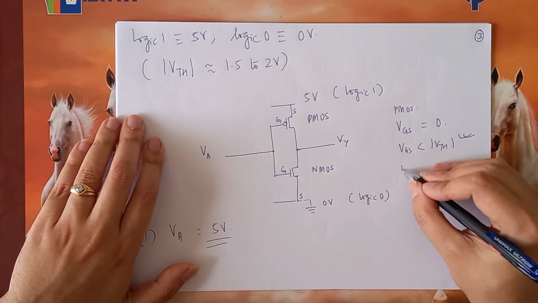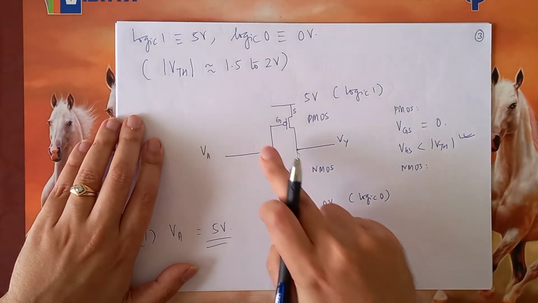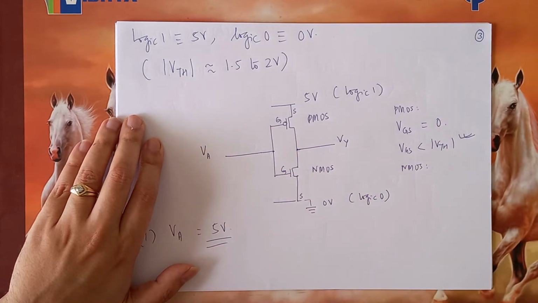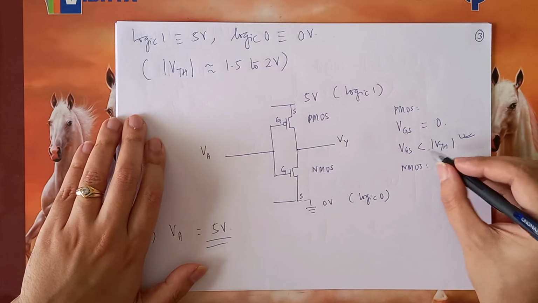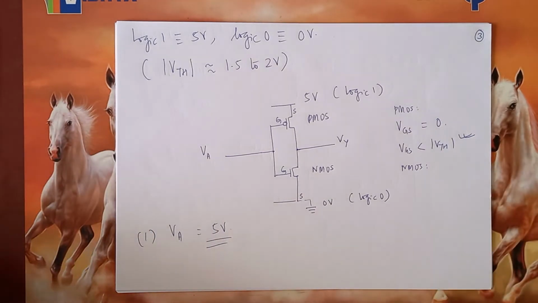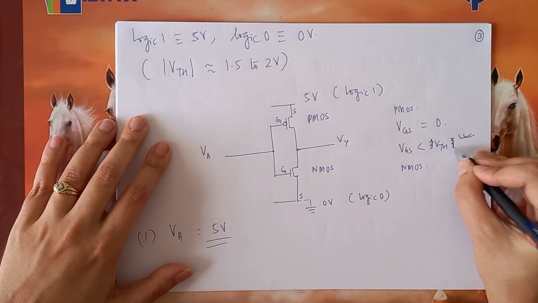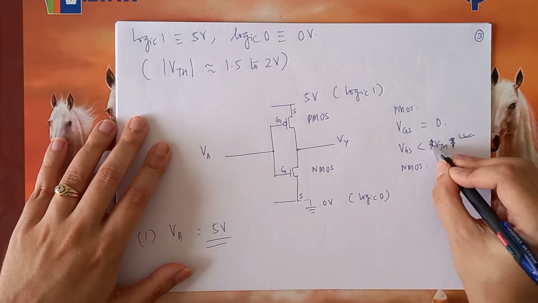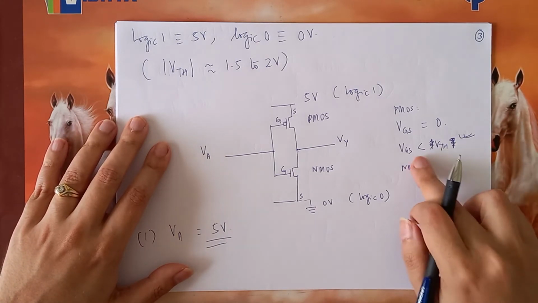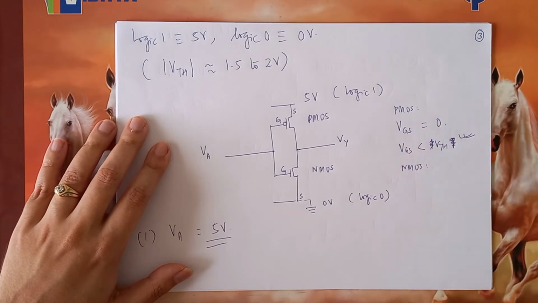What about the NMOS? The gate voltage, oops, I made a mistake. There is no need for the mod condition for this. So in this case, VGS is 0.